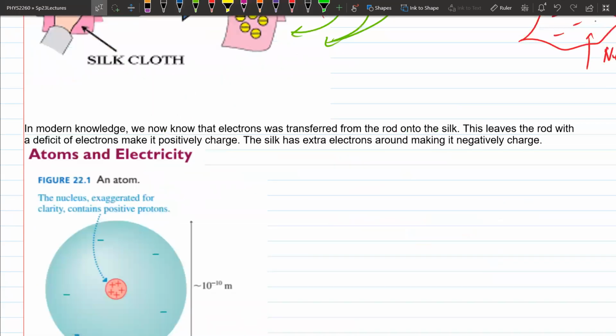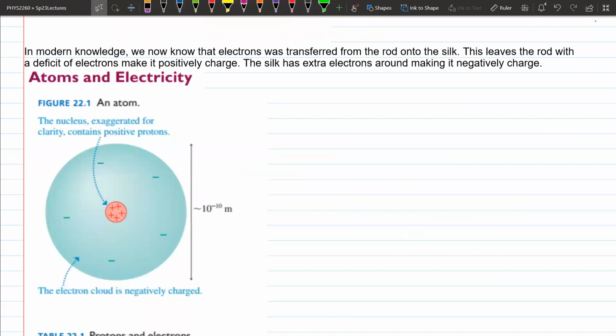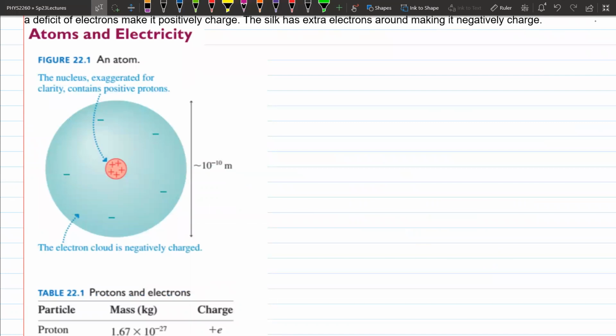Okay. So with our modern day knowledge, much more knowledge than what Benjamin Franklin had, we know about atoms now, right? In an atom, you have a cloud of electrons around it, and that cloud of electrons is on the order of 1/10 of a nanometer, so 0.1 nanometer.